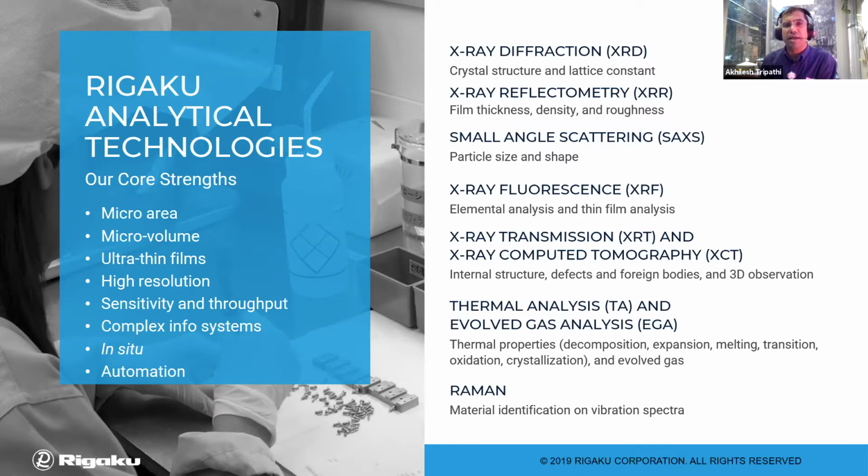We also offer X-ray reflectometry, XRR, small angle X-ray scattering, SAXS, X-ray fluorescence, XRF, X-ray transmission, XRT, and X-ray computed tomography, XCT, thermal analysis, TA, and evolved gas analysis, and Raman. These are other instrumentation that are sold at Rigaku.